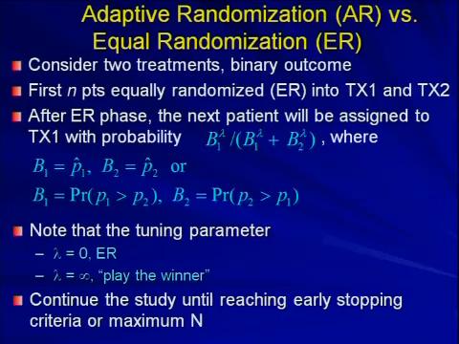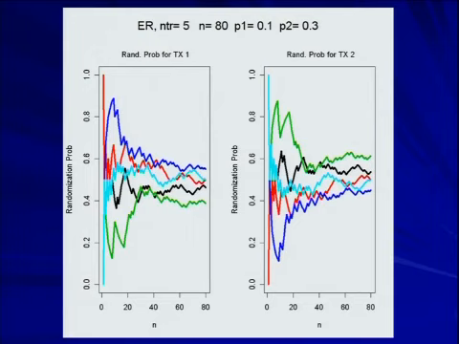Okay, so maybe I can skip this slide. It's been shown earlier that there are different ways to do adaptive randomization. Pictorially it's like this. You have the randomization probability on the y-axis and the number of patients on the x-axis. If you do equal randomization with 80 patients, and P1, P2 are 0.1 and 0.3, the left panel shows the randomization probability for treatment 1 and the right for treatment 2.